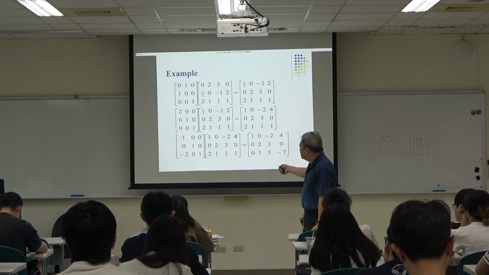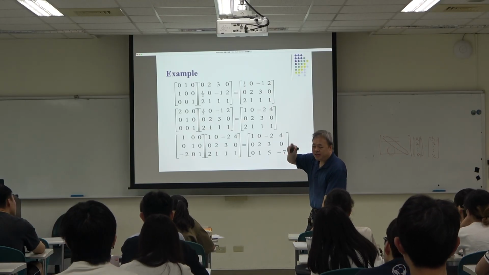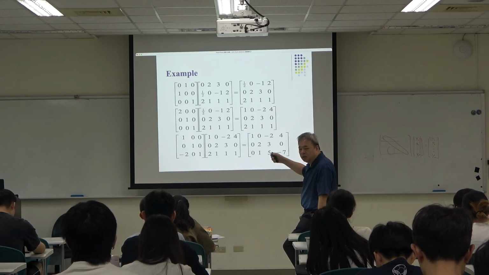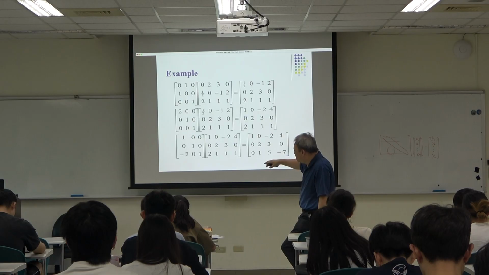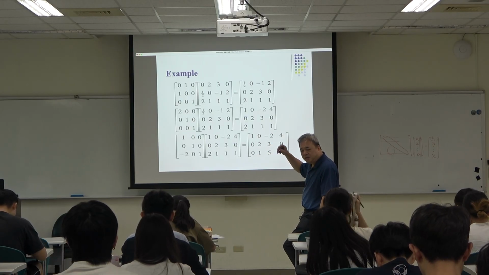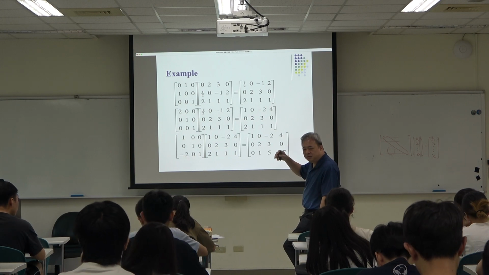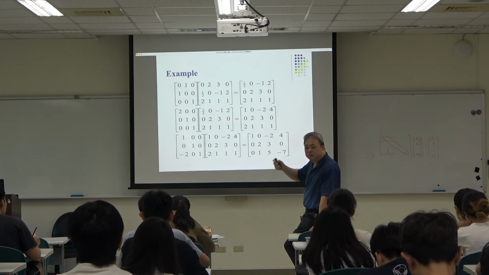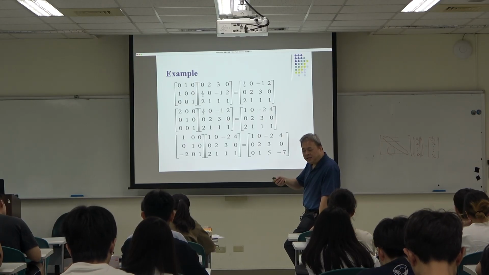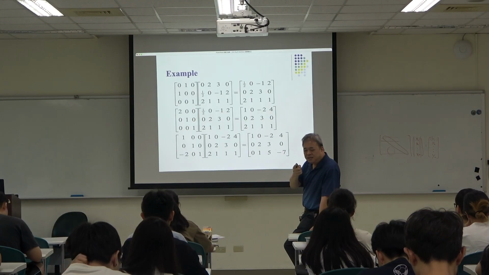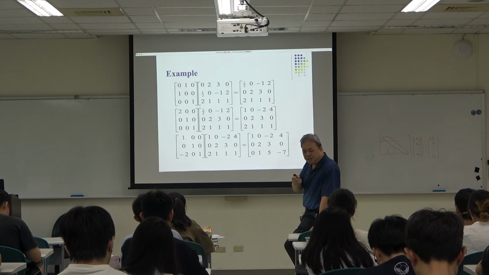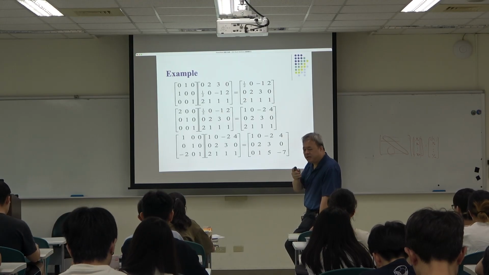Except the first one, which swaps 2 rows. That's not lower triangular. But the second and third types of elementary matrices happen to be lower triangular. And if you consider their inverse, it is lower triangular as well.